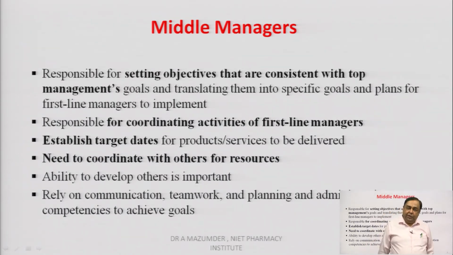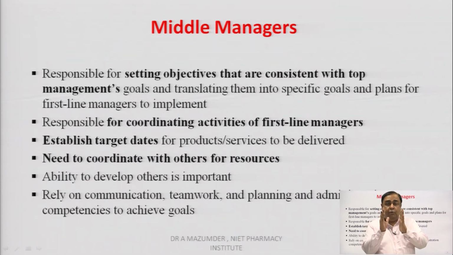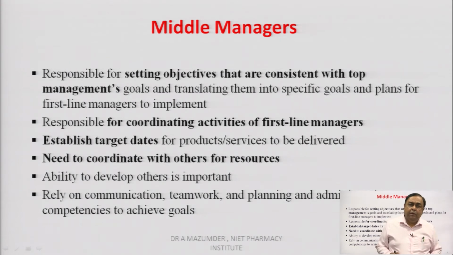And in order to coordinate, a middle level manager must have very good communication skill. Why? Because communication skill is of utmost priority. Unless you are in a position to communicate in a crystal clear manner, the lower level frontline managers will not be able to do the activity.